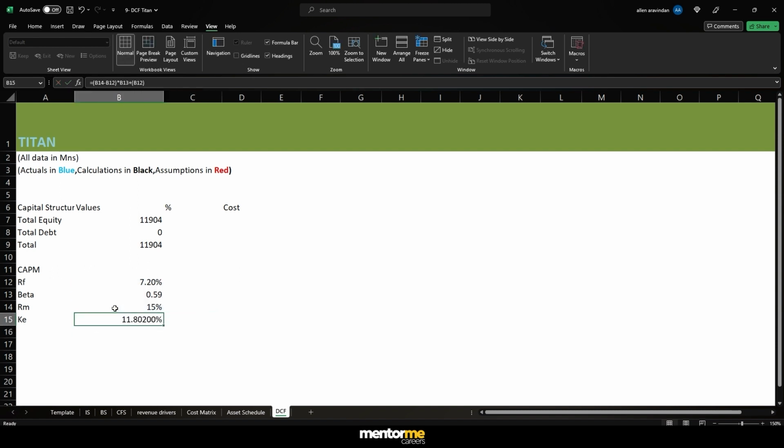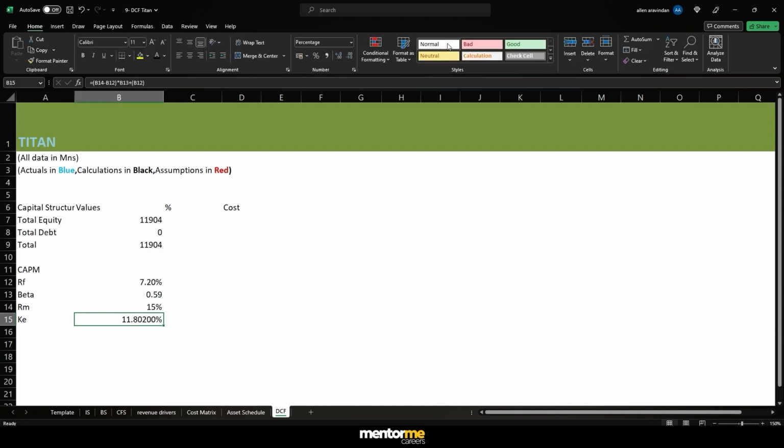Okay, so that's about 11.8% cost of equity. This is why the stock actually makes a lot of sense, because the ROC generated by the company is around 26-27%, whereas the cost of capital is around 12%, which makes 25% minus 12% the net increment in value that the company is actually giving you in terms of the stock, right?